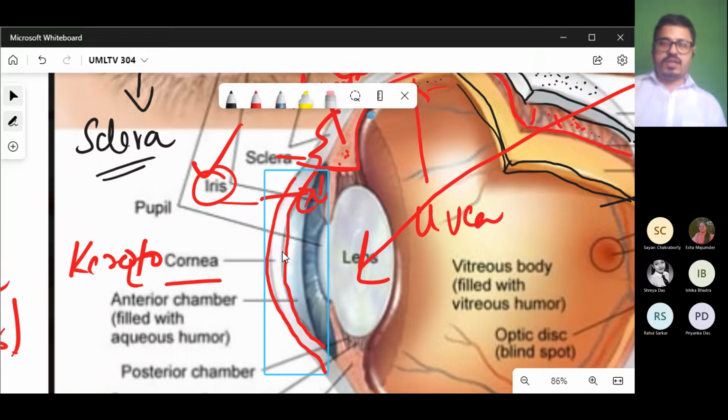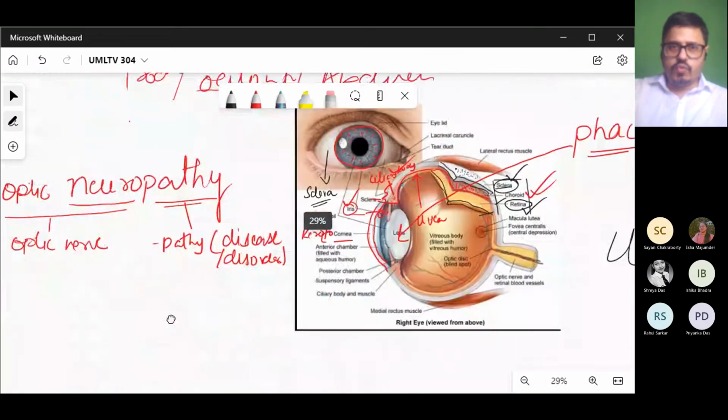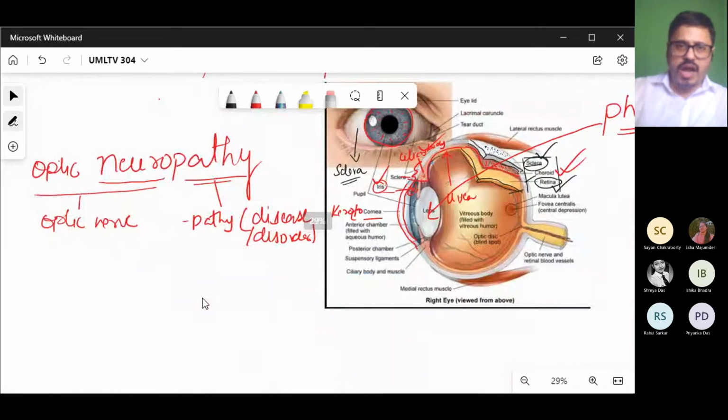This cornea is the only single structure of the eye that can be transplanted, that the recipient can receive. Understood? So when you are speaking of eye transplantation, it is more specifically the corneal transplantation.